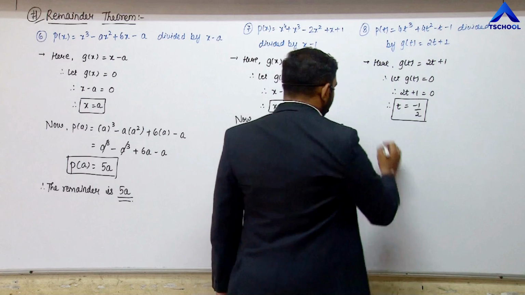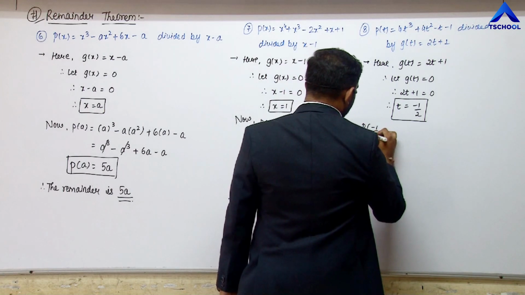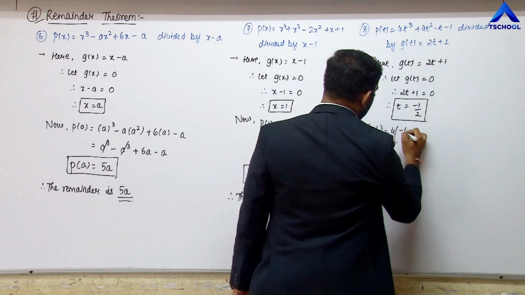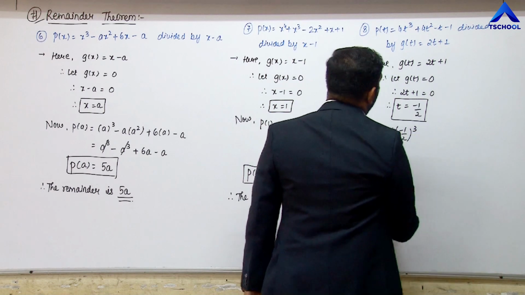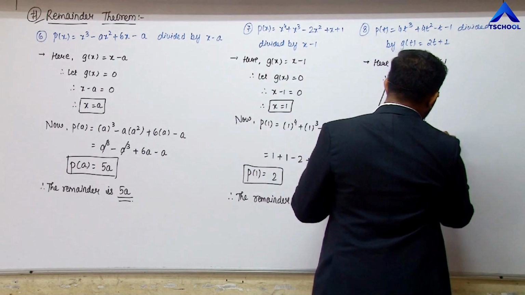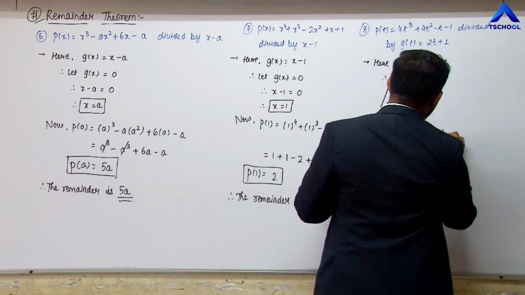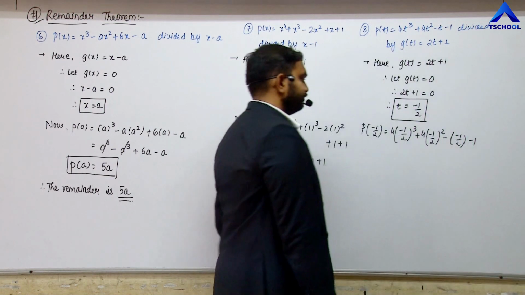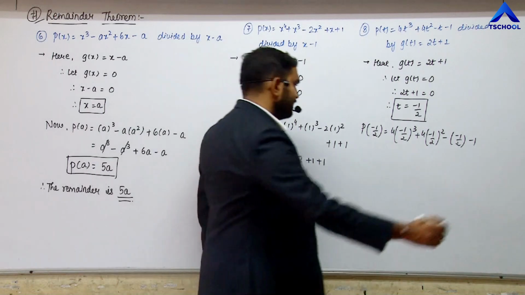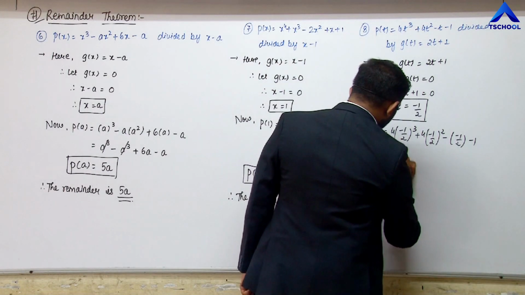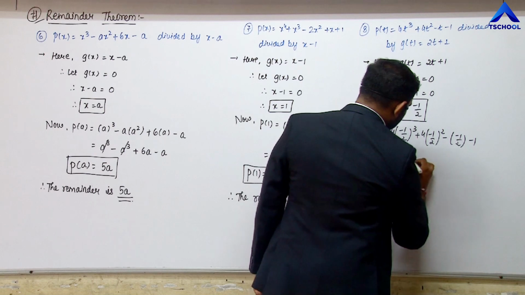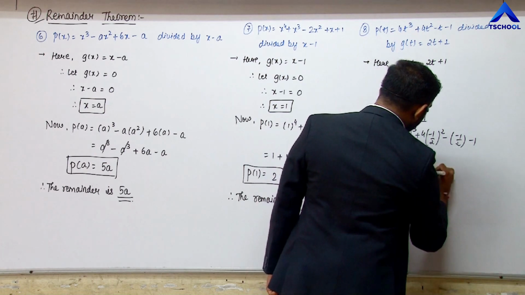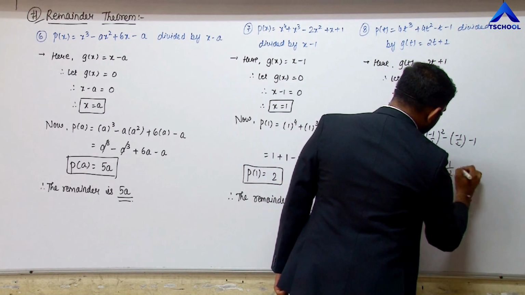Now finding p of minus 1 by 2, that is 4 into minus 1 by 2 cube plus 4 into minus 1 by 2 square minus minus 1 by 2 minus 1. So that is equal to 4 into minus 1 by 8 plus 4 into 1 by 4 minus minus, plus 1 by 2.